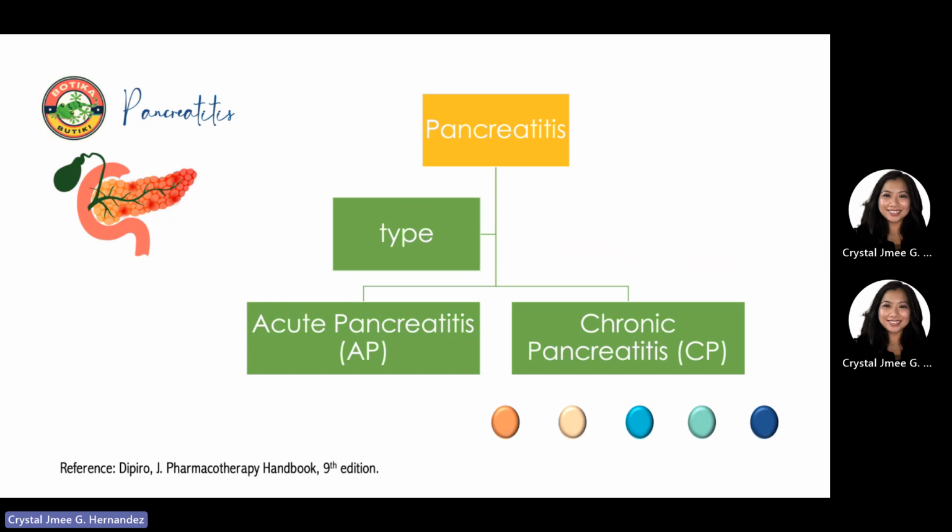Acute pancreatitis is an inflammatory disorder of the pancreas characterized by upper abdominal pain and pancreatic enzyme elevations. On the other hand, chronic pancreatitis is a progressive disease characterized by long-standing pancreatic inflammation leading to loss of pancreatic exocrine and endocrine functions.